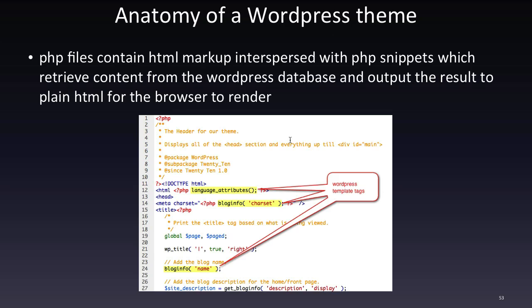The only difference here is that it's actually a bit simpler, because rather than having to write our own functions to retrieve the information from the database using raw PHP code, essentially all we're doing here is calling built-in WordPress functions which will output a certain bit of information about the blog.